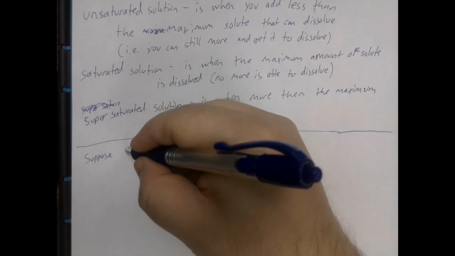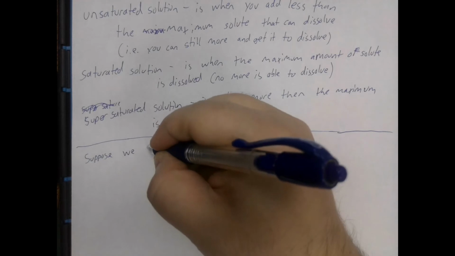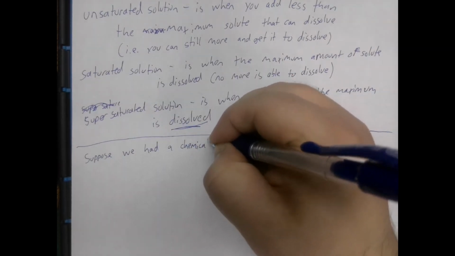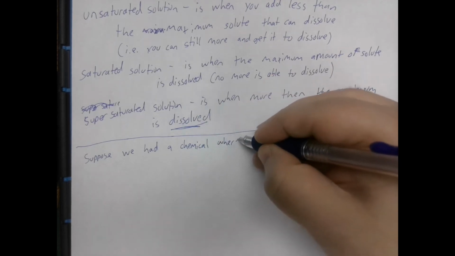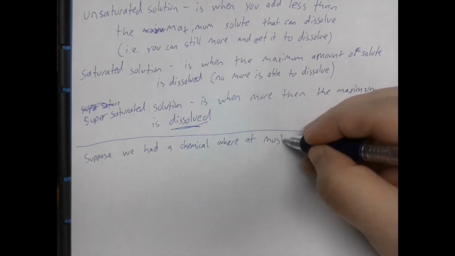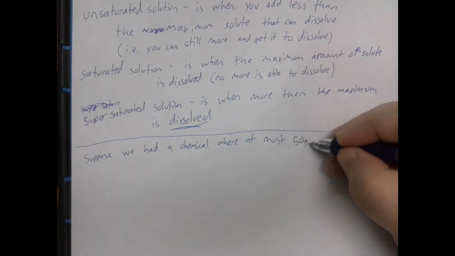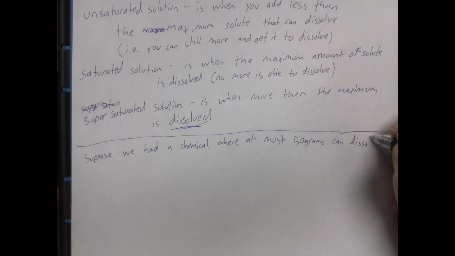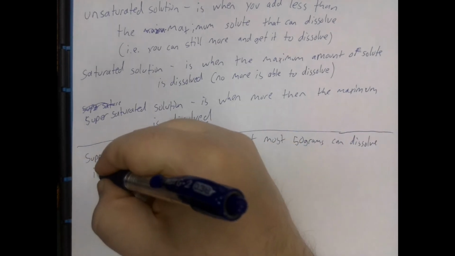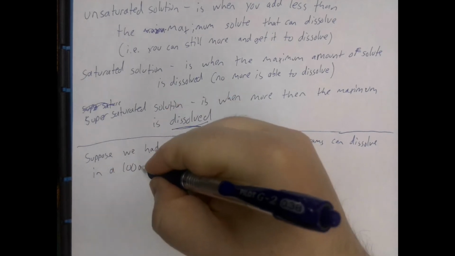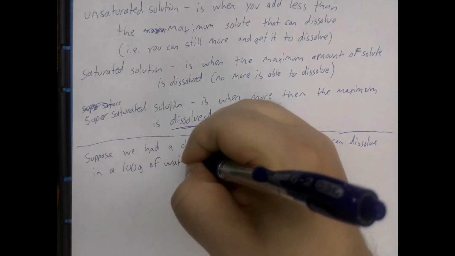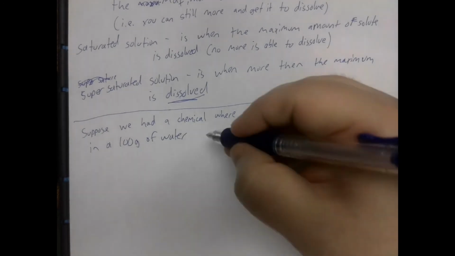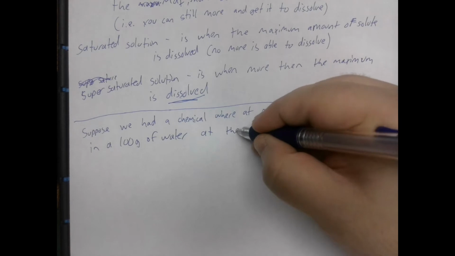Suppose we had a chemical where at most 50 grams can dissolve in 100 grams of water at the current temperature.